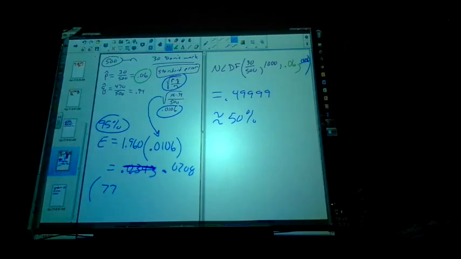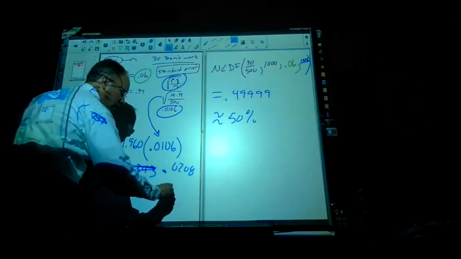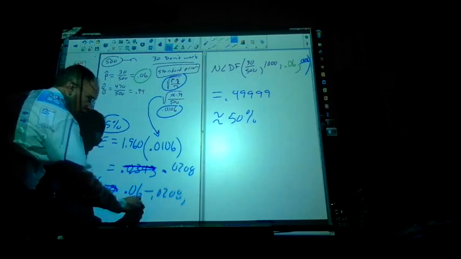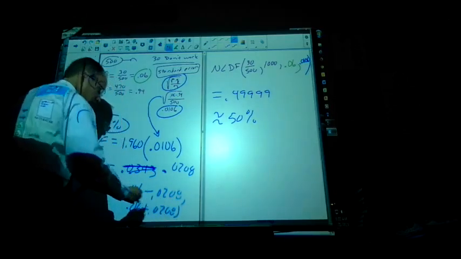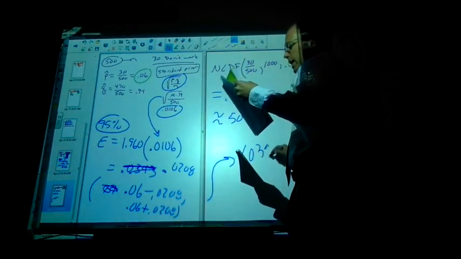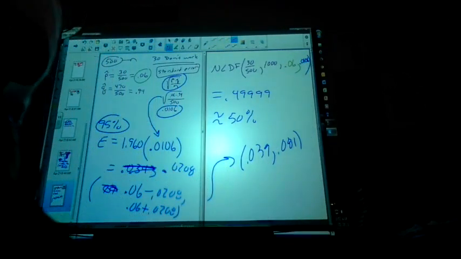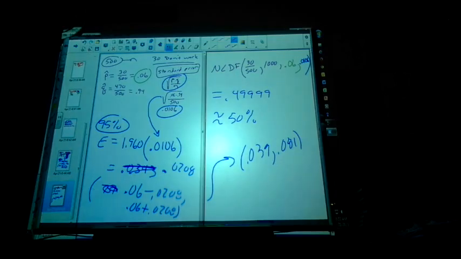So I have 30 out of 500, which is 0.06. So this is going to become 0.06 minus 0.0208 and 0.06 plus 0.0208, which then will lead us to our confidence interval of 0.039 to 0.081. Or you could change it to 3.9% to 8.1% if we were to duplicate this test, would be our defectives, which is great.